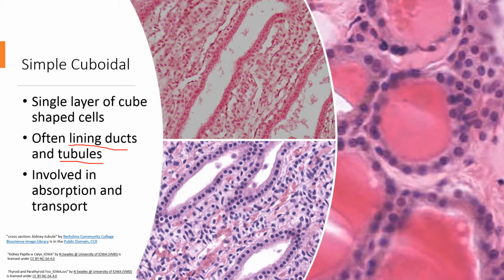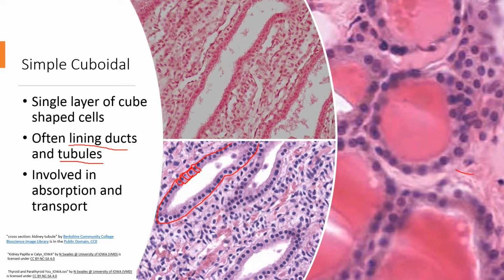If you look really closely here, you can see the little square-like cells that are lining this tubule from the kidney. This is simple cuboidal epithelium, and you can see that it forms a tube, where the tube would be coming out of your computer screen and passing through the back of your computer. So we're looking down the middle of the tube.